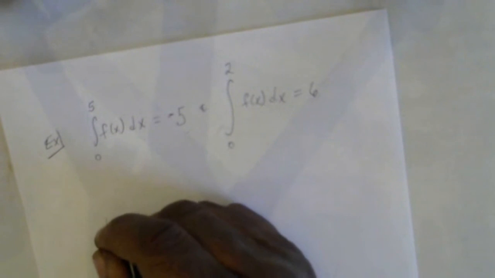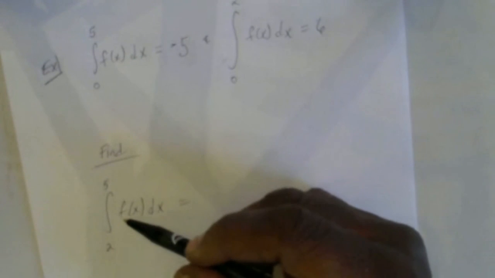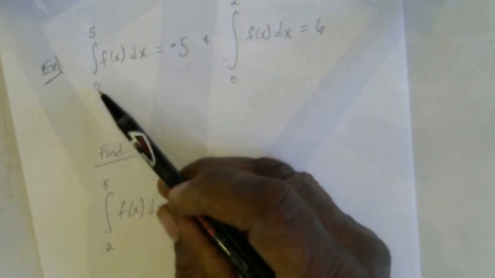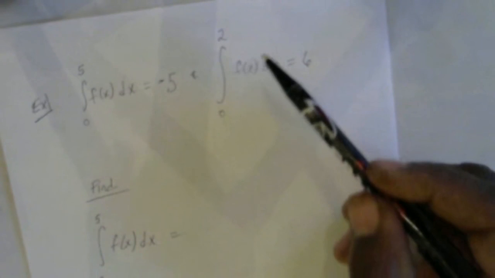I'm asked to find the integral from 2 to 5 of f of x dx. So how do I find it? I'm only given the integral from 0 to 5 and the integral from 0 to 2. Here's where that additivity rule comes in.